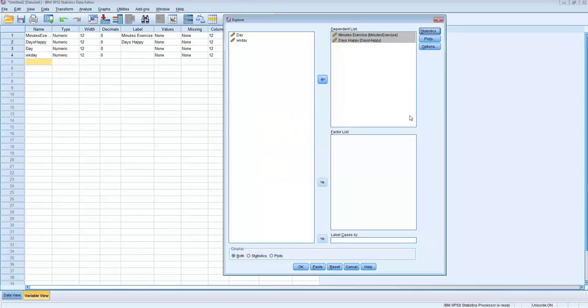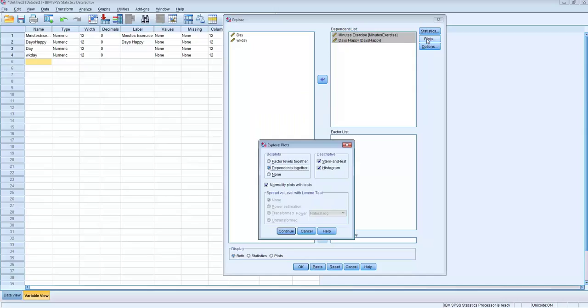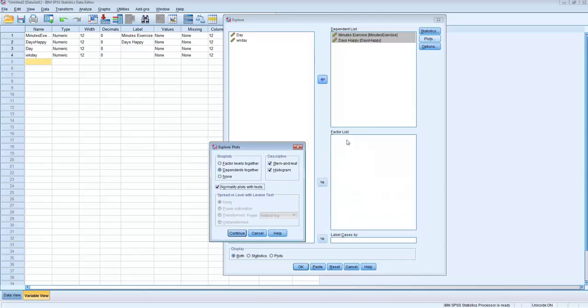So click on continue. And we also want to visually inspect the data. So what I do is I click on normality plots with tests. I don't worry about factors because I don't have any factors. If I had a factor, that would be placed in the factor box, and the factor box would be a categorical variable such as boys and girls.